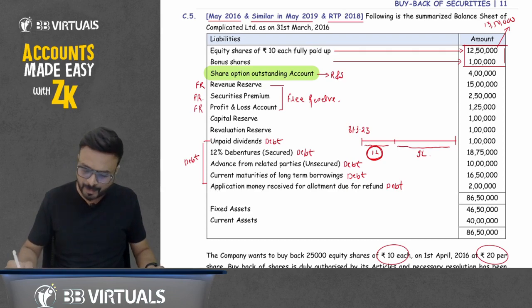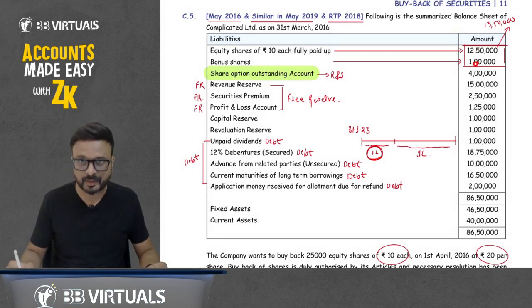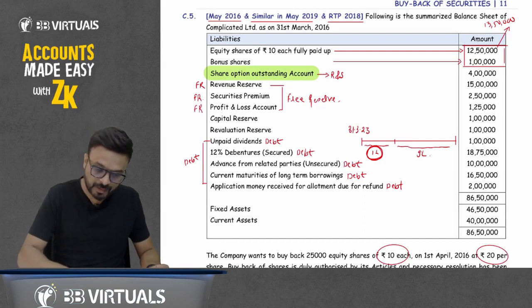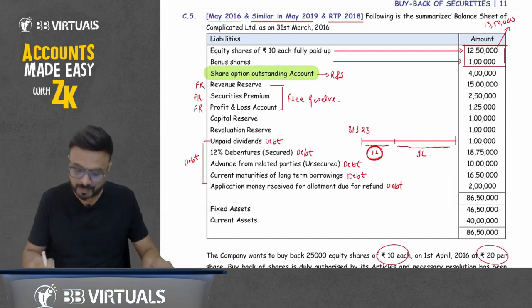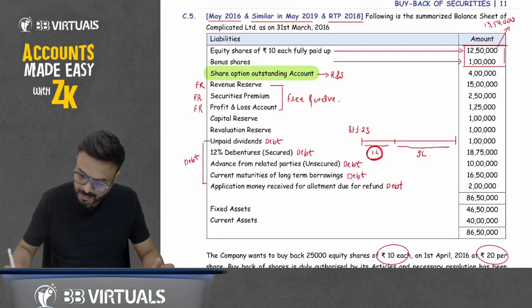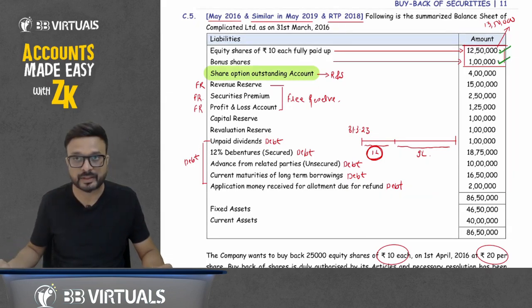So where will this share capital come? Share capital is how many? 12 lakh 50 plus 1 lakh. So write down there 13 lakh 50,000, the total of these two.